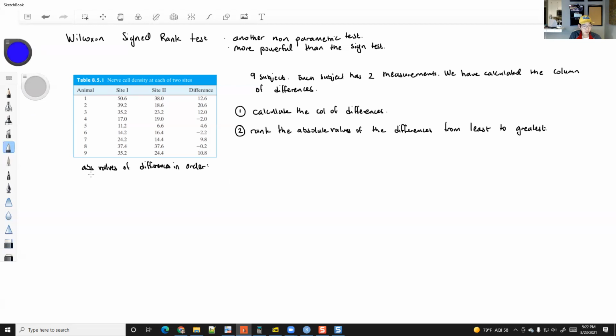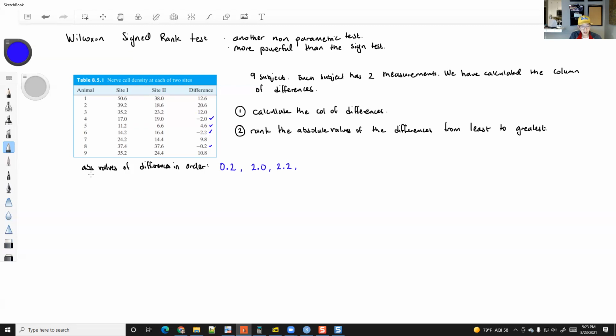All right. So this first one, we'll check them off as we go. In order, we got 0.2. And then what is the next smallest value? Then I got 2.0, and then 2.2. We're doing the absolute value, so I'm just ignoring the signs.